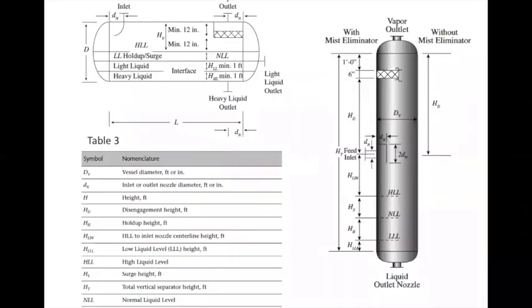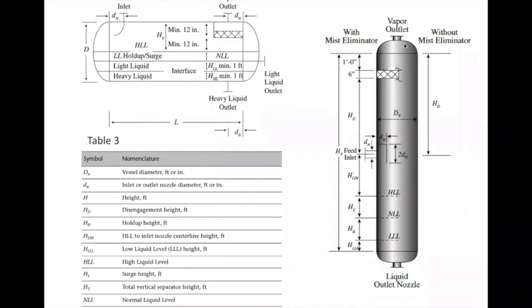Here you can see in this diagram we have a horizontal separator and we have a vertical separator, right? It depends on which one you'll use according to your need, but this is the specific design which is shown here.